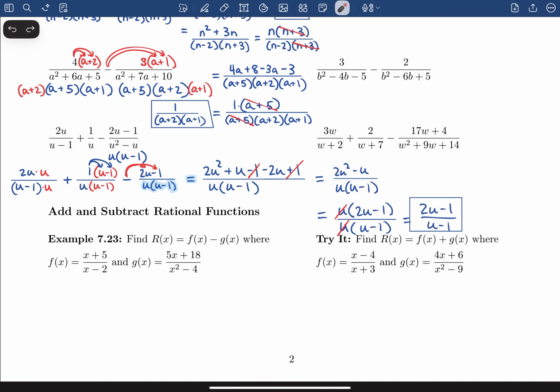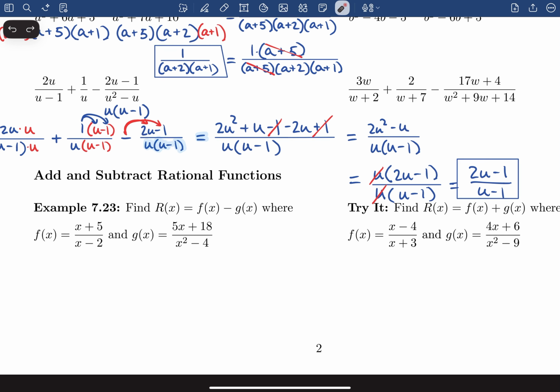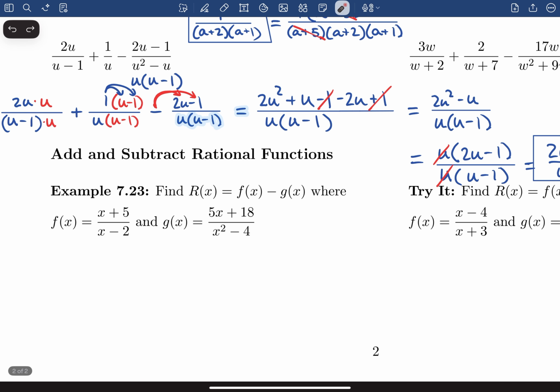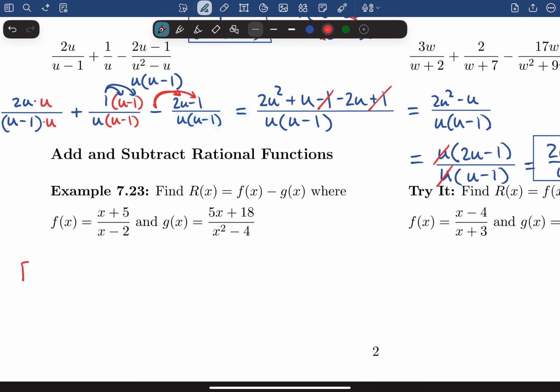But let's say we have two functions that form r of x. They're f of x and g of x. And we're taking f of x and subtracting g of x, and they're both rational expressions, right? F of x is a rational expression, g of x is a rational expression. So what we can do to find r of x is take the f of x stuff and subtract, right?